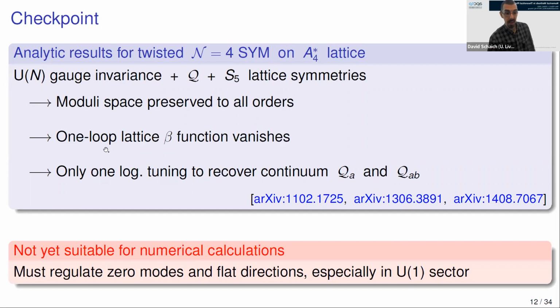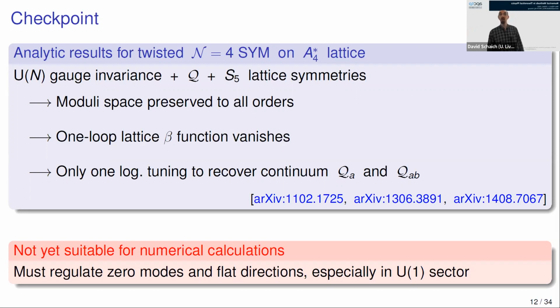And if you go through the exercise of constructing the long distance effective potential for the lattice theory, you can show that there is at most a single logarithmic tuning that may be required to recover the twisted rotation group from the S5 point group and then recover the full symmetries of the continuum theory.